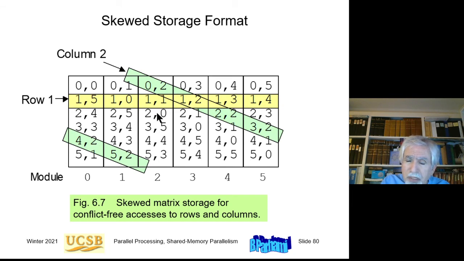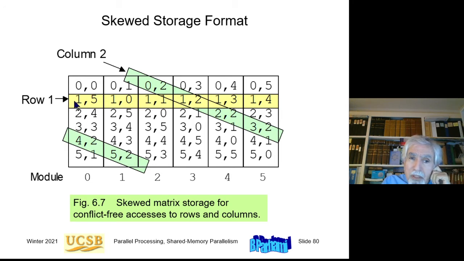Row 2 is stored beginning with this bank, and then it wraps around, and so on. Given that this follows a simple rule, it's easy to keep track of where to find each element. So elements of row 0, column J, are in memory bank J. Row 1 elements are in memory bank J plus 1, modulo 6. Okay.